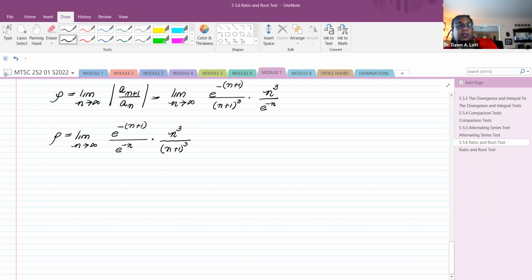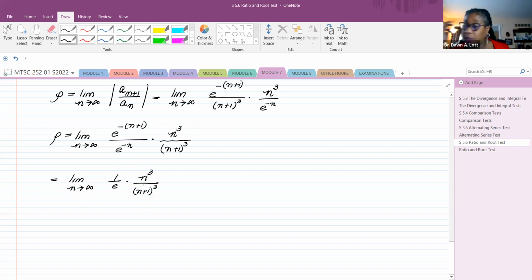Okay, so if I simplify this, I get the limit as n approaches infinity. I can see e to the negative n and e to the negative n clearly are going to divide out, which gives me e to the negative 1 or 1 over e. And then over here, I still get n cubed over n plus 1 cubed.